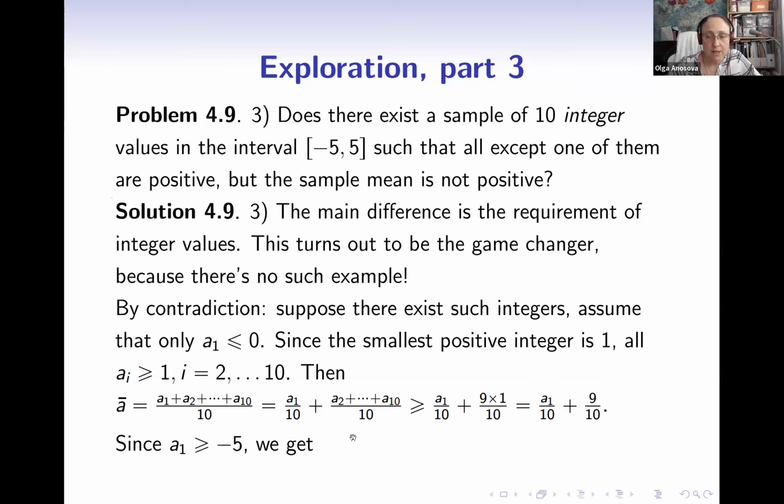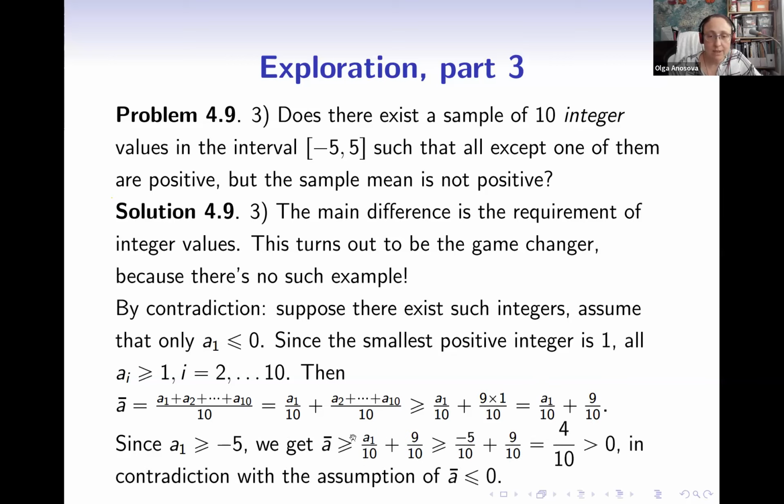And if we take -5, then the sum will be equal to 4 over 10. So the mean will always be positive, which contradicts the assumption that our mean should be non-positive, which means that by contradiction, we've proved that indeed this example does not exist.